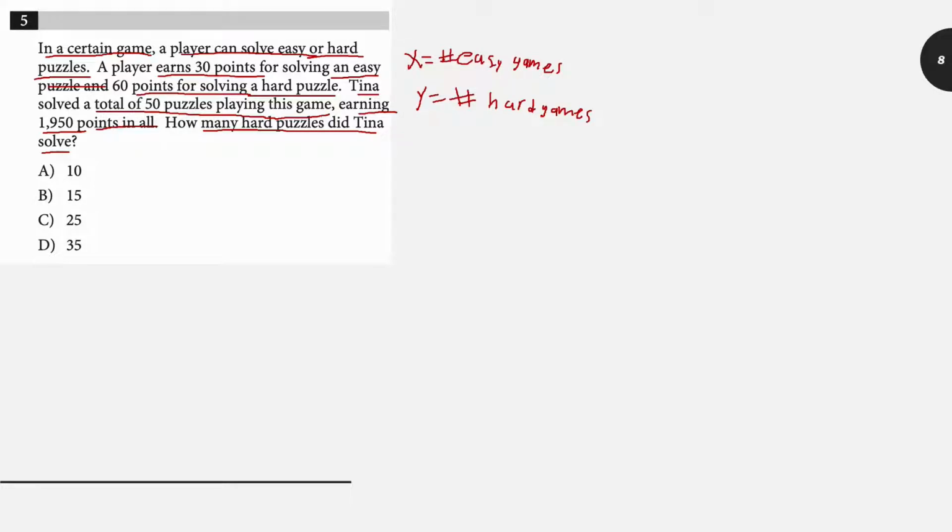So you can set up this equation as x plus y equals 50 and 30x plus 60y equals 1,950.